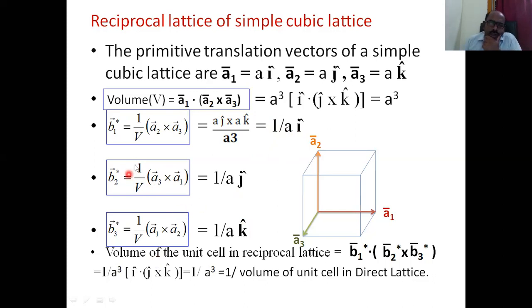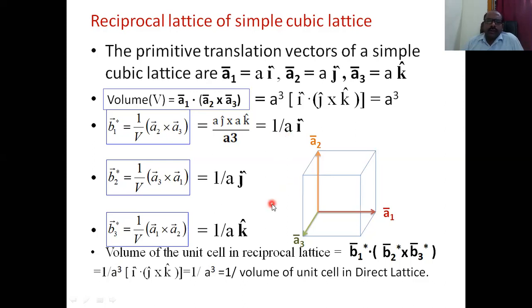So these base vectors also form a simple cubic lattice, but the side length of the simple cubic lattice in reciprocal lattice is smaller. That is 1 by a times. So earlier it was a, now it is 1 by a. So we are getting a smaller value.